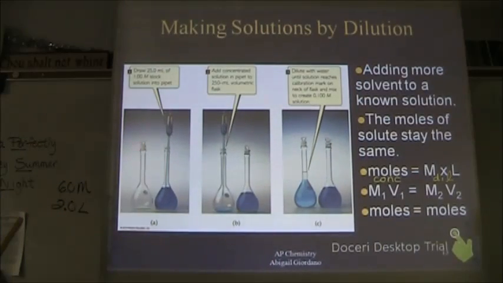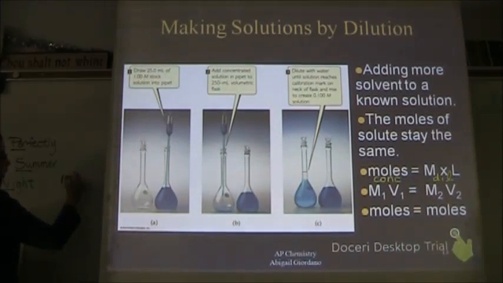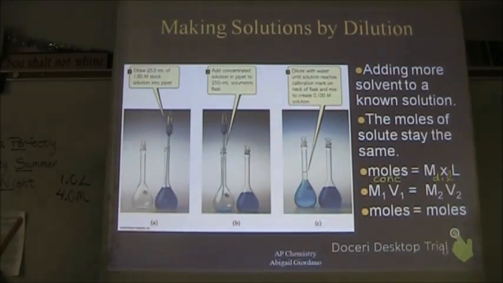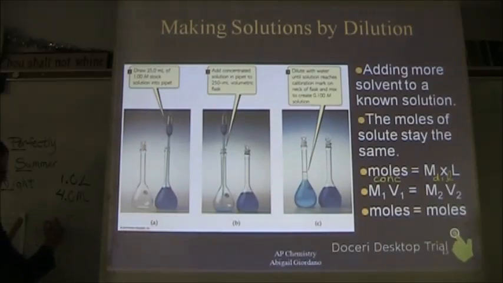Okay. So let me change the numbers here. So let's say we're doing a lab and I need to make 1 liter of a 4 molar hydrochloric acid solution. I go back into the chemical storeroom and I pick up that stock bottle, and that stock bottle is 12 molar.